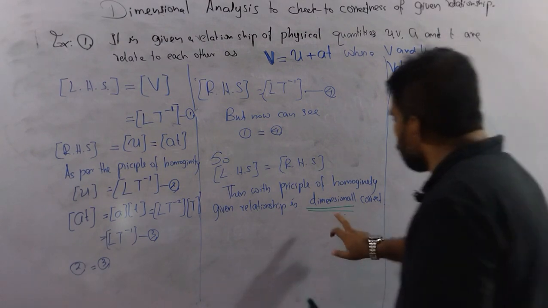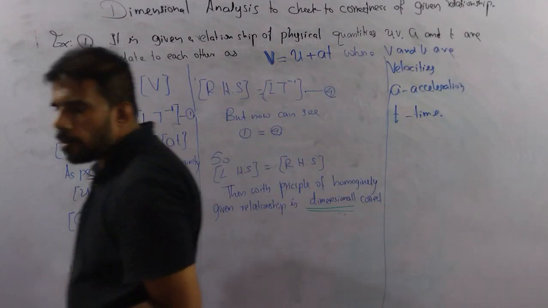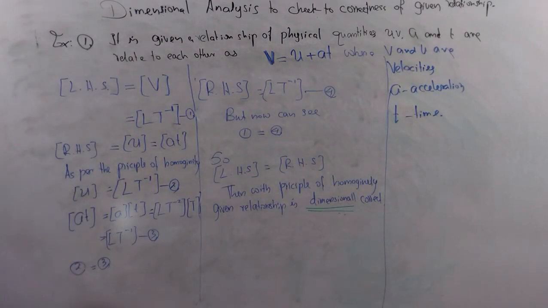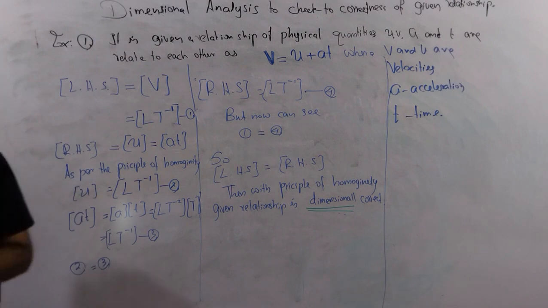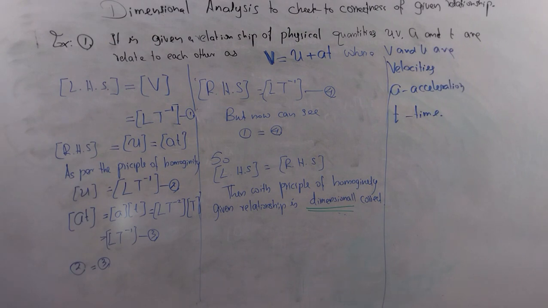That is why we are conditioning our solution by saying it is dimensionally correct. This is one of the methods we use in dimensional analysis to check whether the given relationship is dimensionally correct.